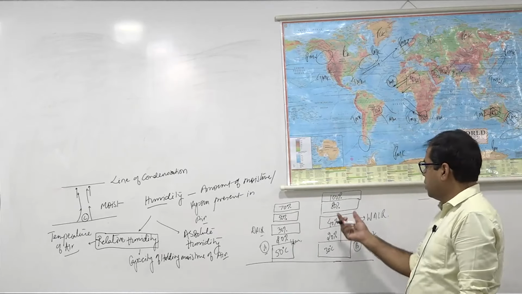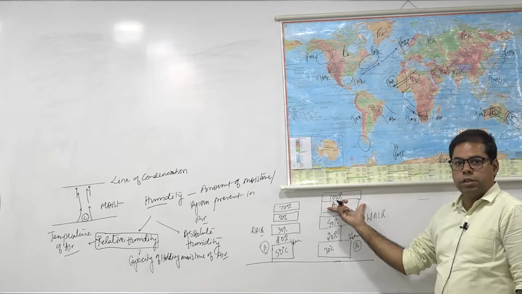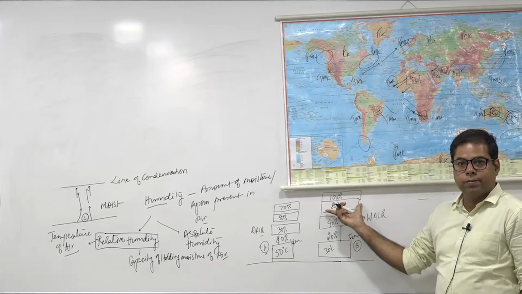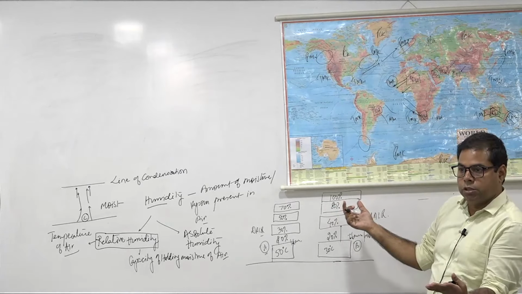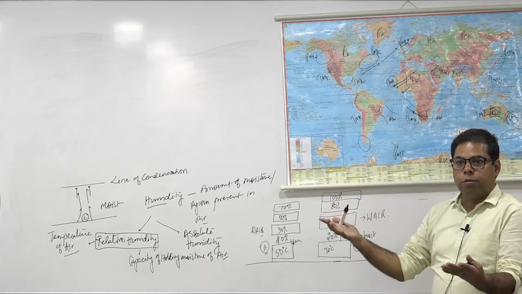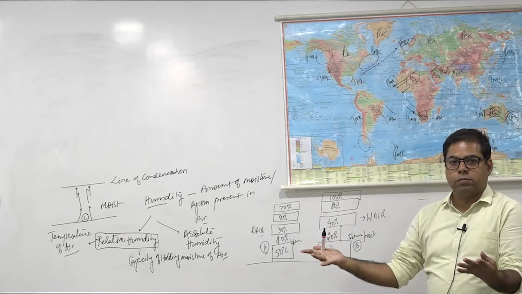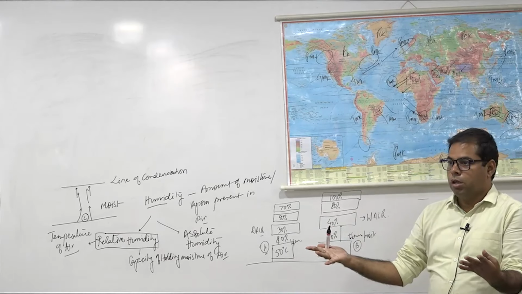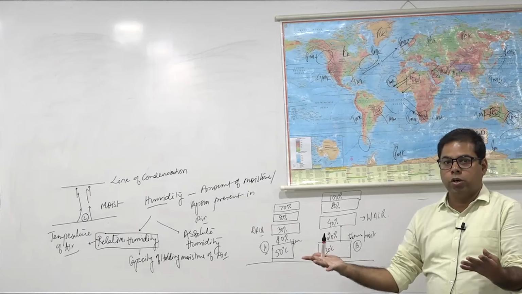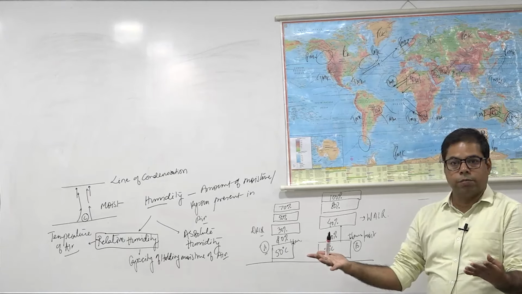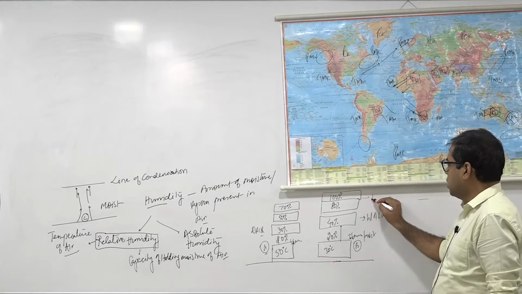Right? अभी क्या हुआ यहाँ पर? There the air has reached 100% humidity, means the moisture holding capacity and the amount of moisture is same. समझ में आ गया? Moisture holding capacity and the amount of moisture in the air is same. तो क्या हो गया?